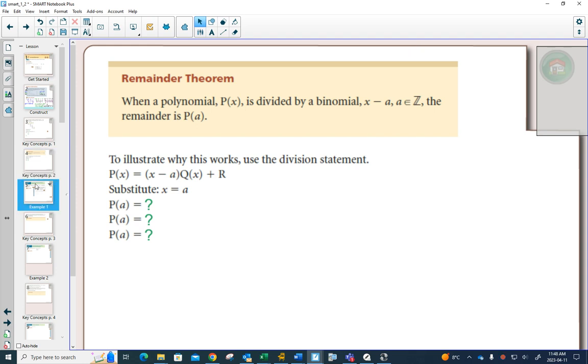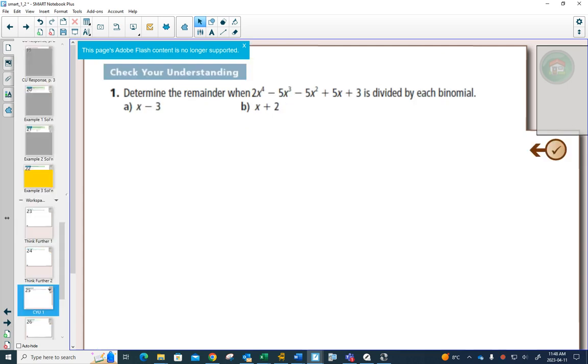So when we look at example 1 right now, it says determine the remainder when it's divided by x minus 3. So I'm going to do this with the remainder theorem, and I'm going to do it with synthetic division, and we're going to decide which one we like better.